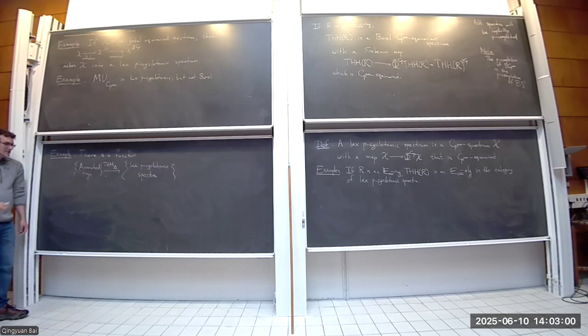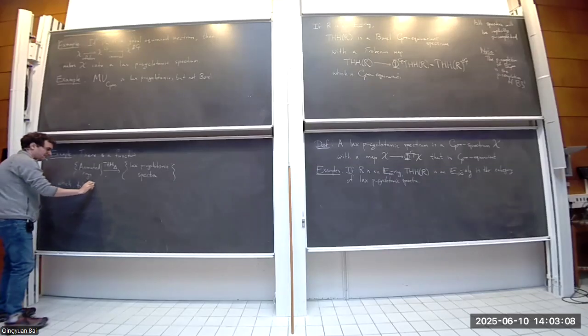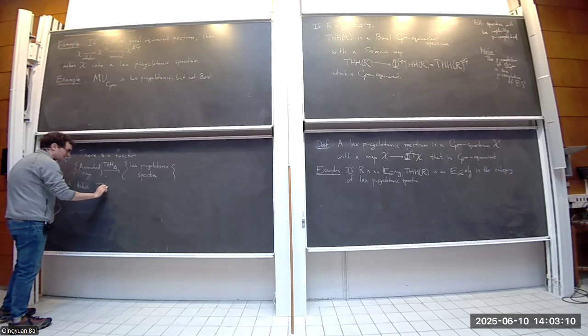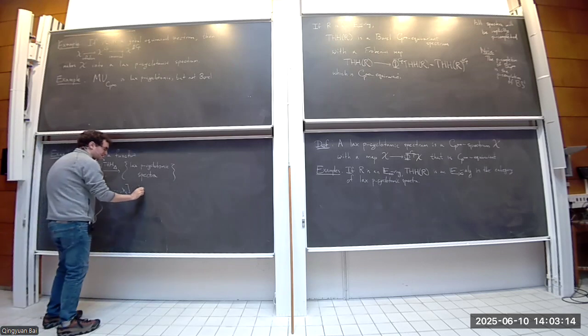And it will be the functor that takes a polynomial ring to THH.